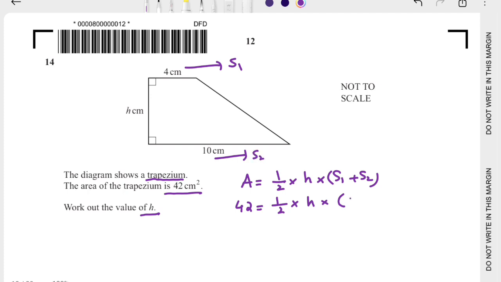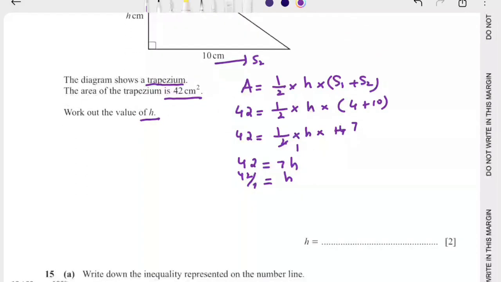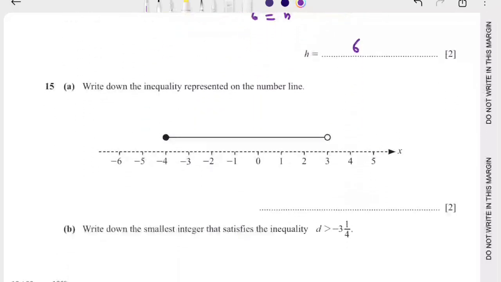So we are going to add them, 4 plus 10. So 42 is equal to half of height times 14. 2 ones are 2, 2 sevens are 14. So 42 is equal to 7h, and divide both sides by 7. So 42 divided by 7, the final answer would be 6. Next question.